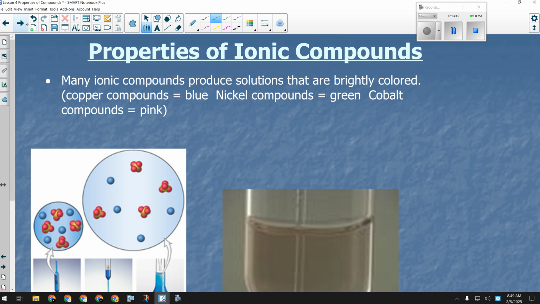So any kind of reddish tint is going to be a cobalt-containing compound. Okay, questions so far, guys?